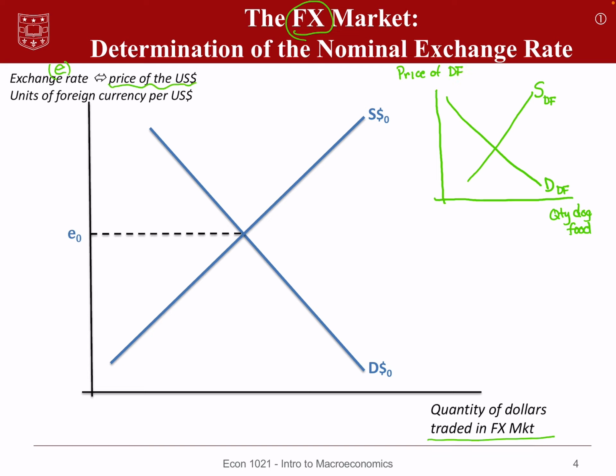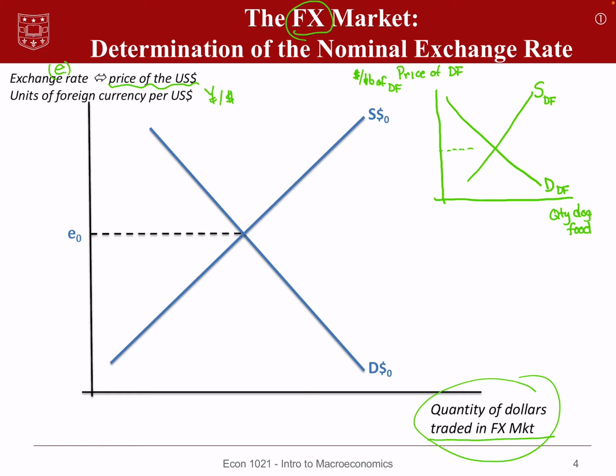So here we have a price of dollars because it's dollars that are being traded. And what is the price of dog food? Well, it's some other thing you can get in exchange. So say dollars per pound of dog food. And here we have units of foreign currency like maybe yen per dollar or pounds per dollar, whatever.